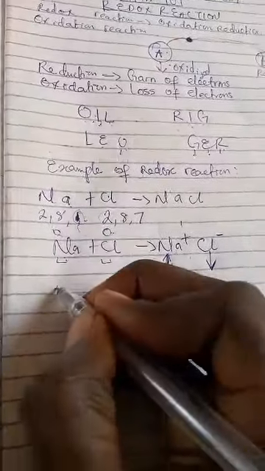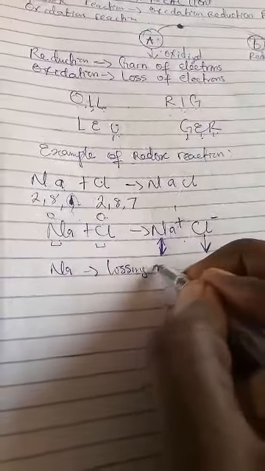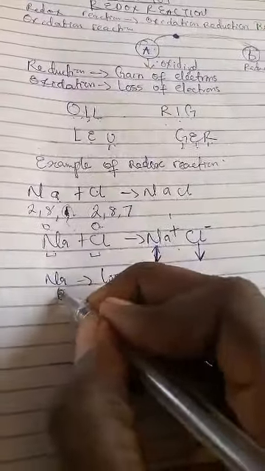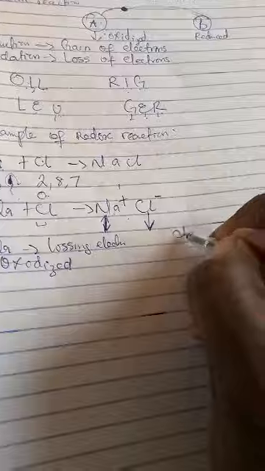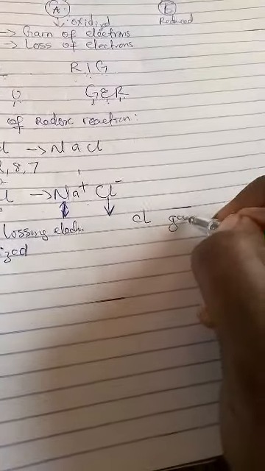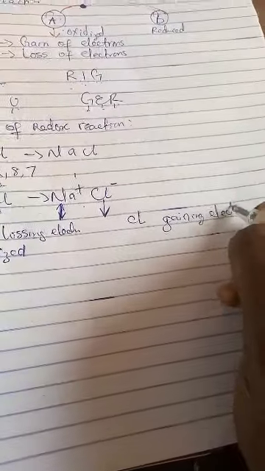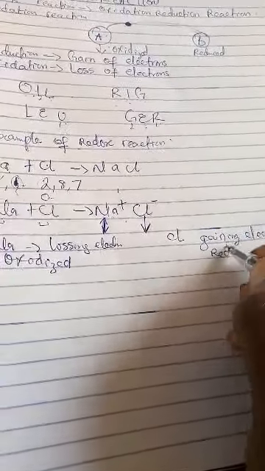So sodium losing electron means sodium is being oxidized. Chlorine gaining electron means chlorine is being reduced.